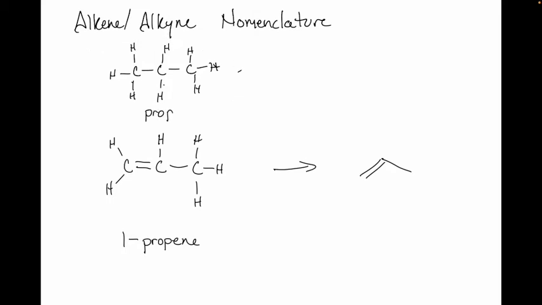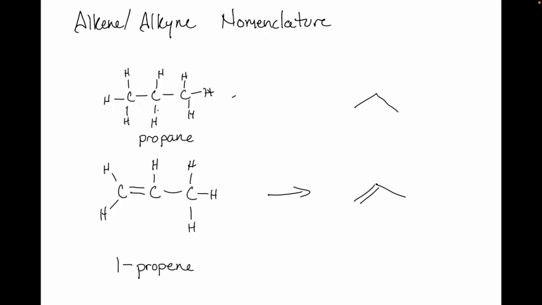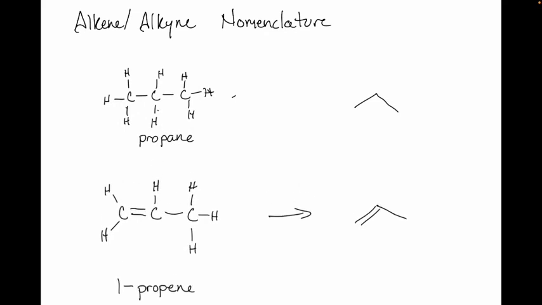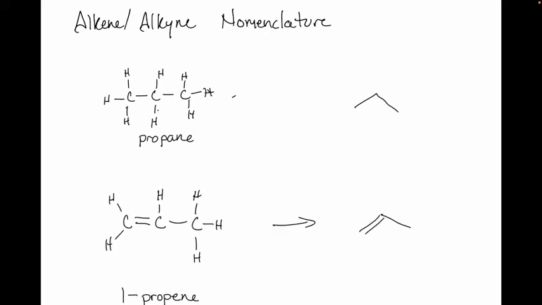Propane. Right, and if I wanted to do the bond line structure of that, it would just be a little zigzag thing. So now I have a double bond in there. First thing that you'll notice: these were the alkanes.